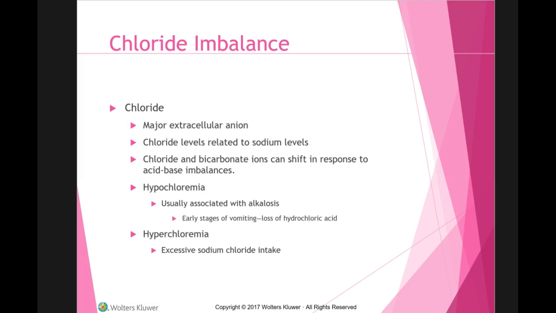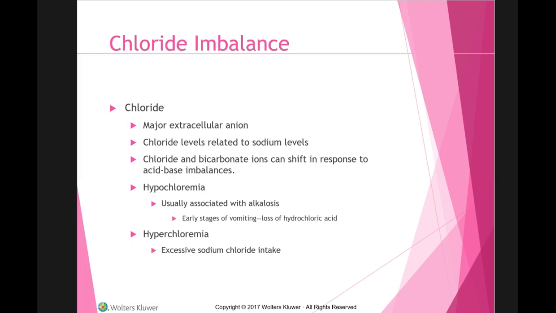And inversely, low levels of sodium lead to low levels of chloride. Chloride and bicarbonate ions are both negatively charged and can exchange places as the blood circulates through the body to assist with maintaining acid base balance. And we'll talk about that next week.